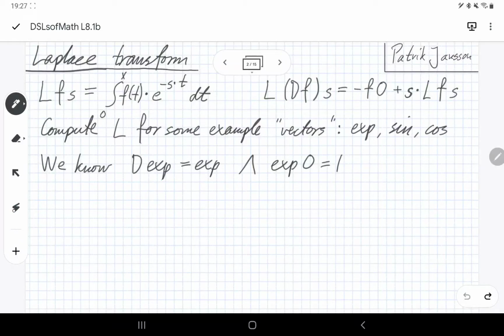So then let's state the LD law, the Laplace derivative law. We get here the L of the derivative of x at s is equal to minus x of 0 plus s times the Laplace of x at s.